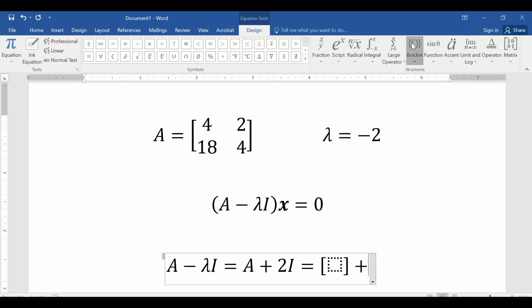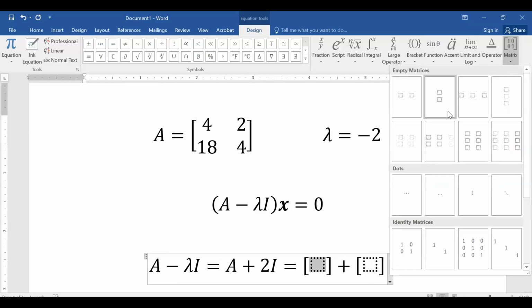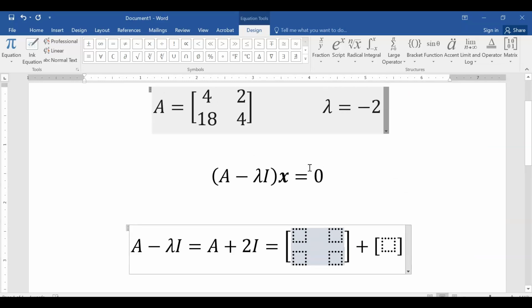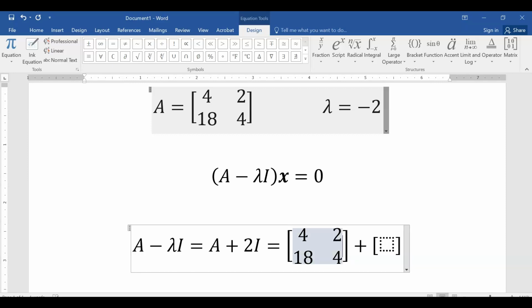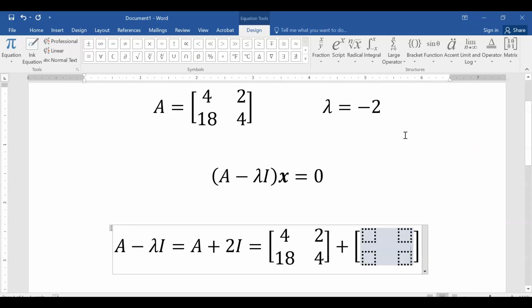I'll write out all the steps here. So we know A is a 2 by 2 matrix whose entries are 4, 2, 18, 4. We're going to add 2 times the identity.